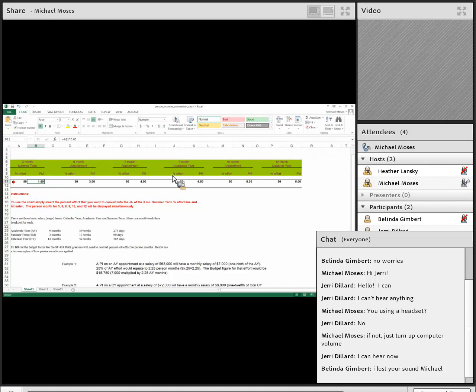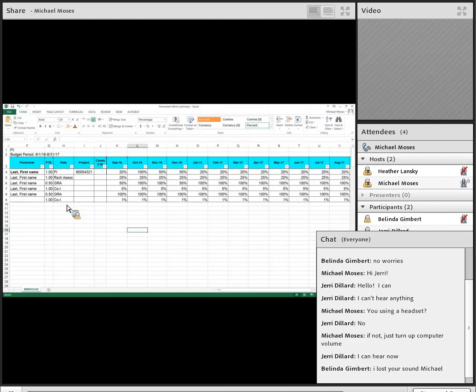And then I also have another helpful spreadsheet. This is nice because it just allows you to enter effort percentages for a whole project team month by month, and you can factor in whether the person, like GRAs, are often 0.5 FTE, so that if they work 100% for 12 months on a project, that's 6 months, not 12.